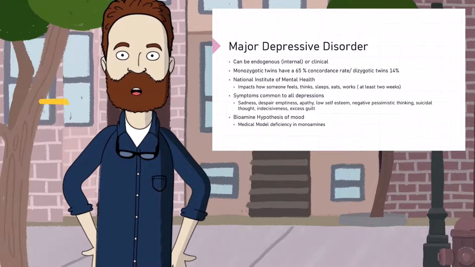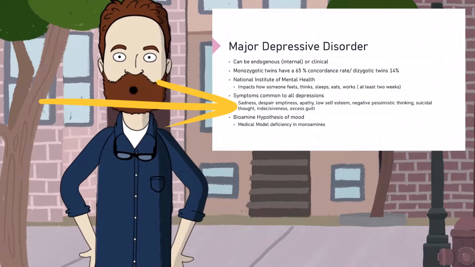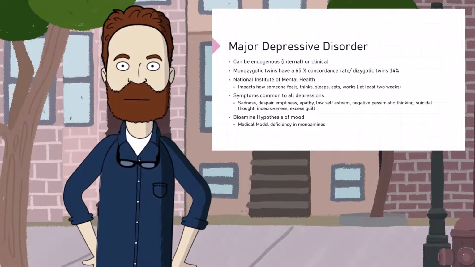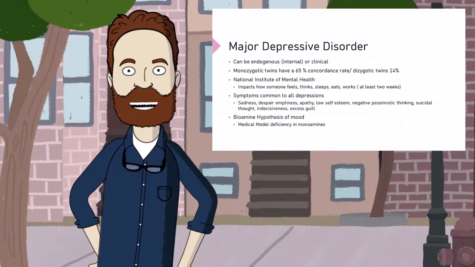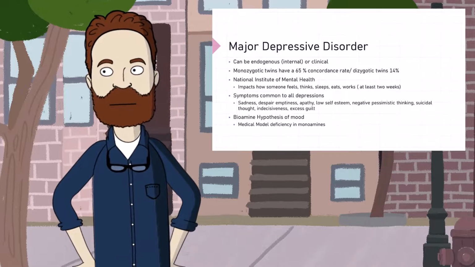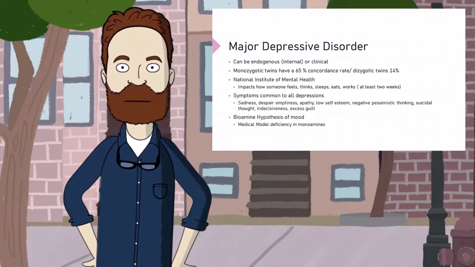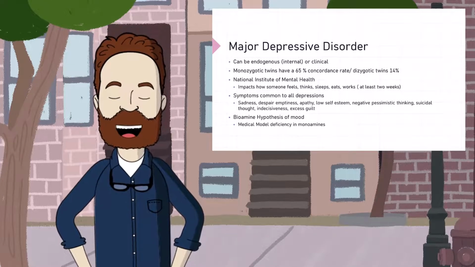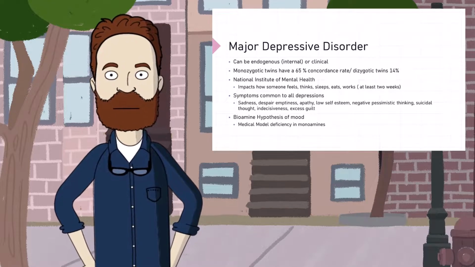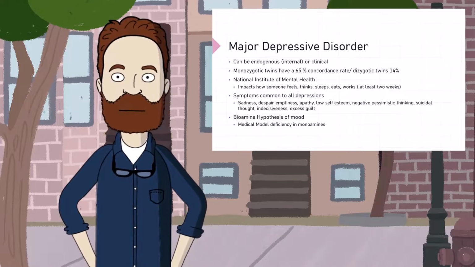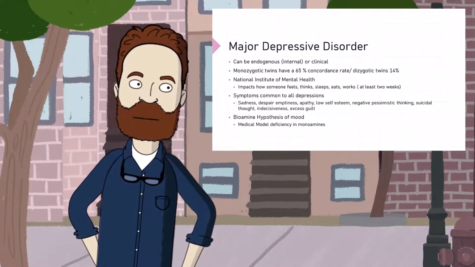So symptoms common to all depressions, not just major depressive disorder, but all depressions, are sadness, despair, emptiness, apathy, low self-esteem, negative pessimistic thinking. There could be suicidal thought, or what we call suicidal ideation. There could be a lot of indecisiveness, and there could be excessive guilt.